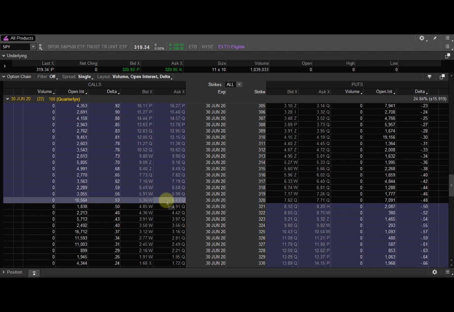That's going to be a $4 trade. If you do a 2-lot, it's $800 of risk, and you could make the difference, 320 minus 330, you can make $10 2 times. So you can make $2,000 on that $800 investment.